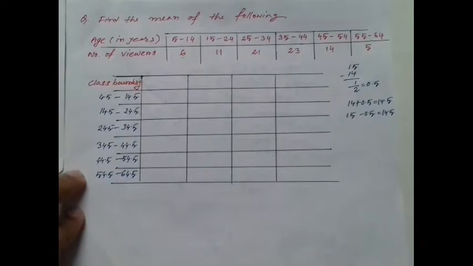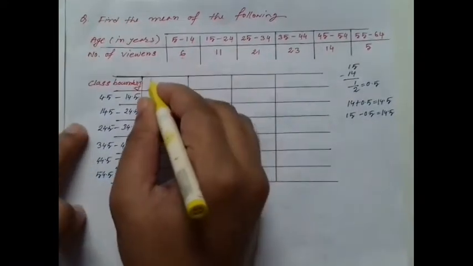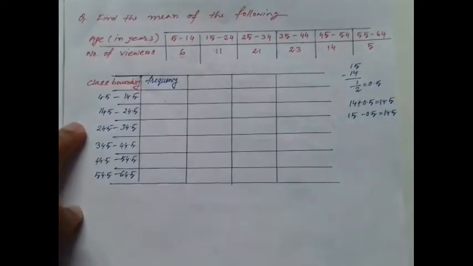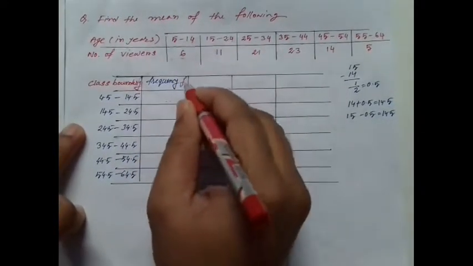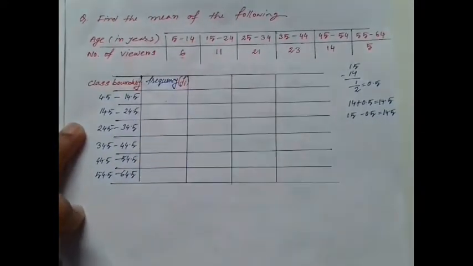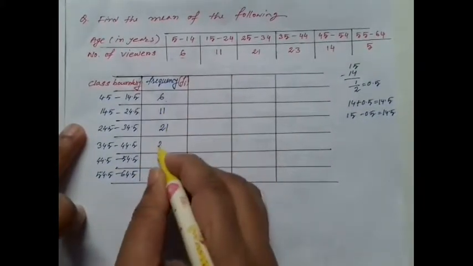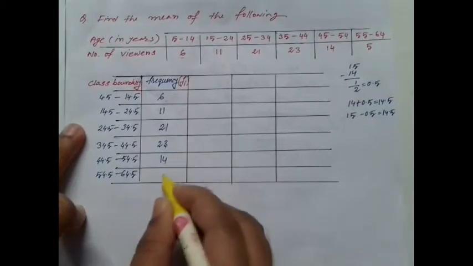Okay, now we have to write the frequency. Frequency we should denote by fi. Okay, we have to write their frequency 6, 11, 21, 23, 14, and 5.